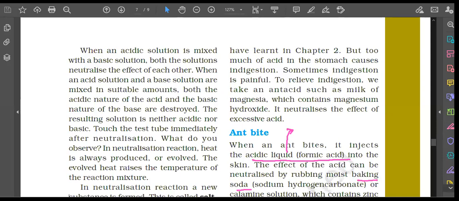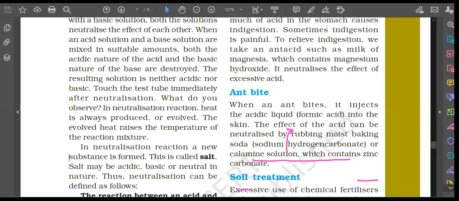So I can say that when an ant or bee stings, it injects acid, which is formic acid, and we rub it with either sodium bicarbonate, which is a base, or toothpaste.